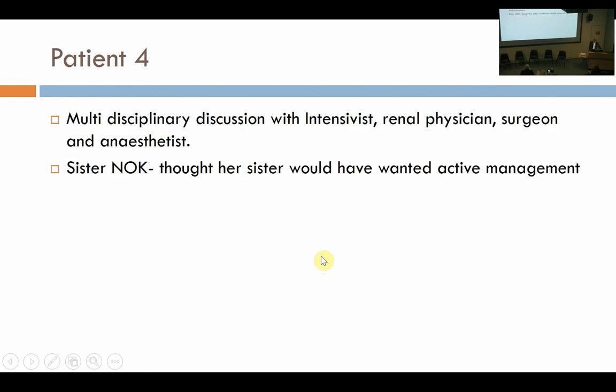So we had a multidisciplinary discussion with the renal physician, the intensivist, the anesthetist, and myself. We also spoke to the sister, who's the next of kin, who at this stage the patient was not able to make her own decision, and the sister said she would have wanted this done.